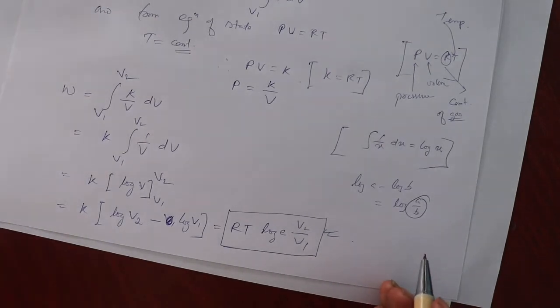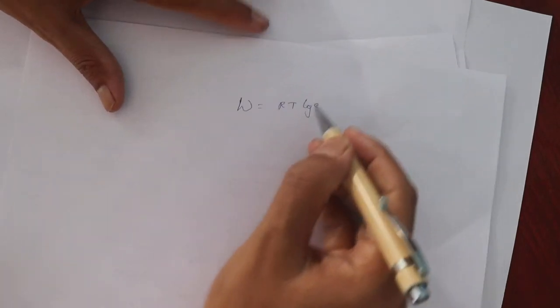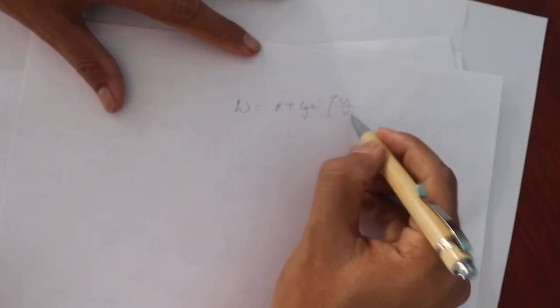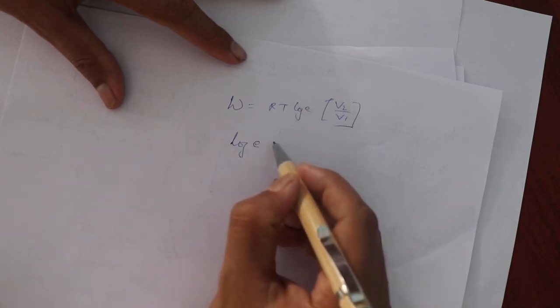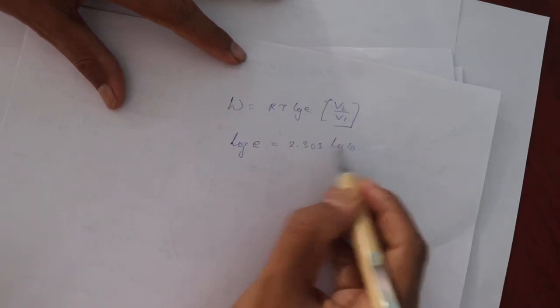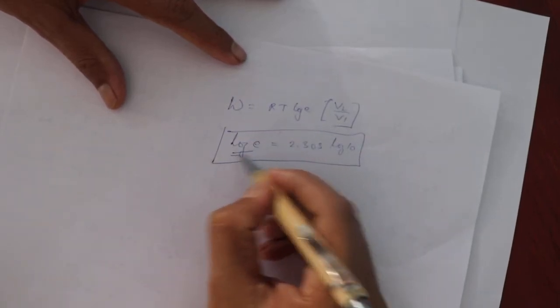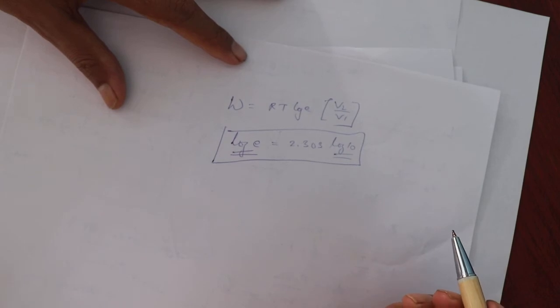Another reminder is that the work done equals RT log of V2 by V1. In this equation, log of E is equal to 2.303 log of 10. This is the relation between natural logarithm and common logarithm.